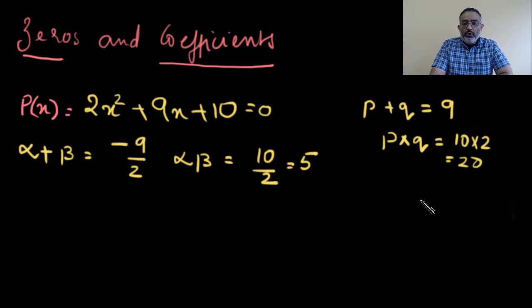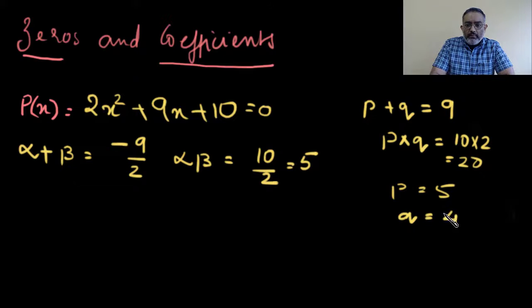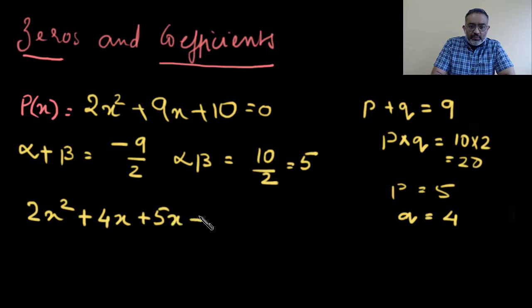So we know that p would be 5 and q would be 4. Multiplied you get 20 and added you get 9. So let's redo this equation: 2x squared plus, let's say, 4x plus 5x plus 10 equal to 0.